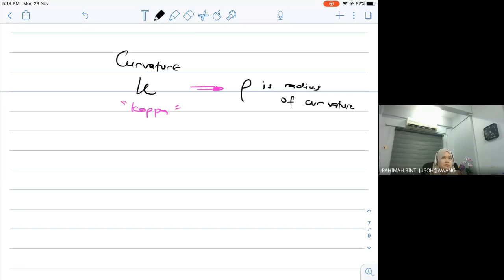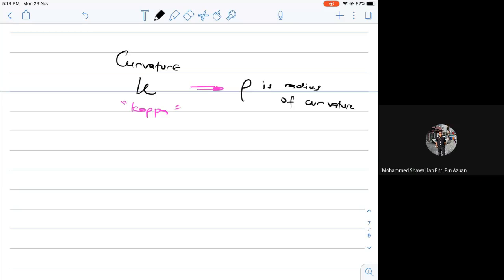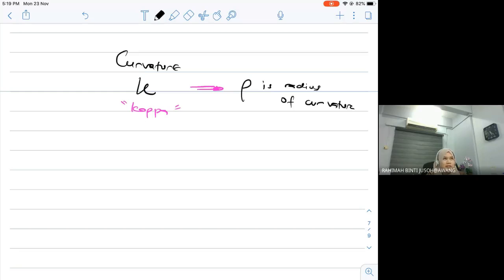Have you ever driven a car? Bawa kereta. Riding a motorcycle. Okay, bicycle. Okay, if you go to UMP right now, most of you are not here because of COVID-19.